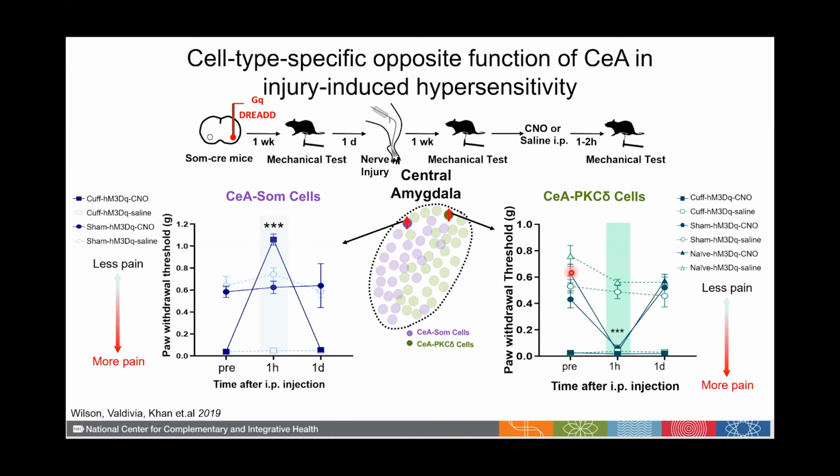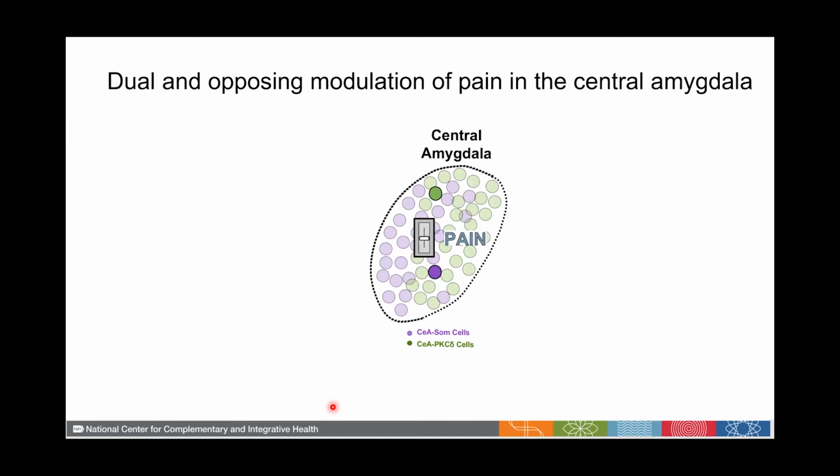So based on these combined findings, we concluded that activity of the somatostatin neurons drives analgesia, and activity of the PKC delta neurons drives hyperalgesia, which demonstrates that the central amygdala indeed has this dual function in the modulation of pain, and that the effects are cell type specific.